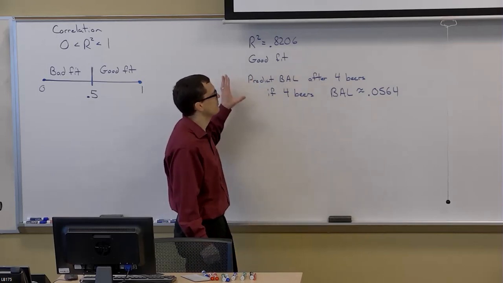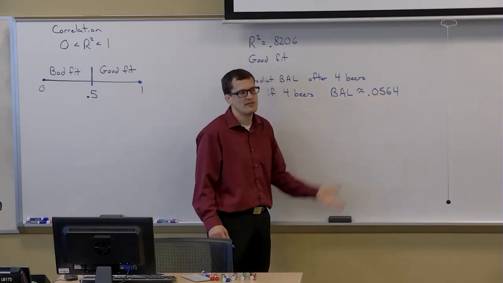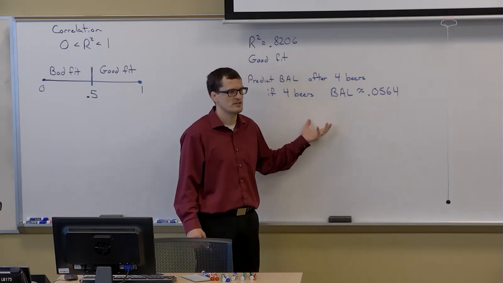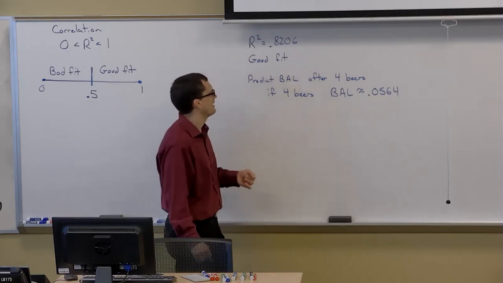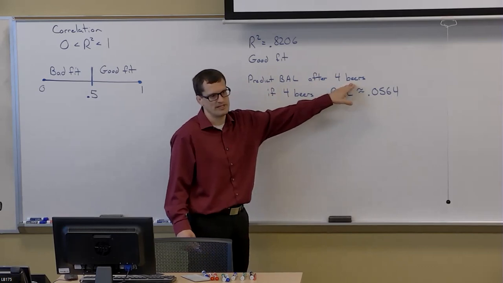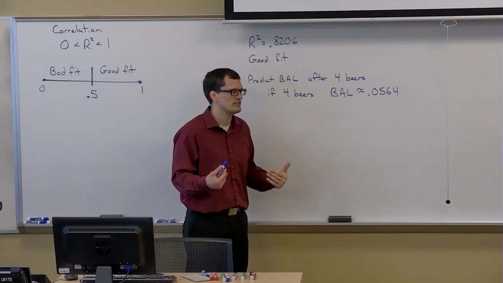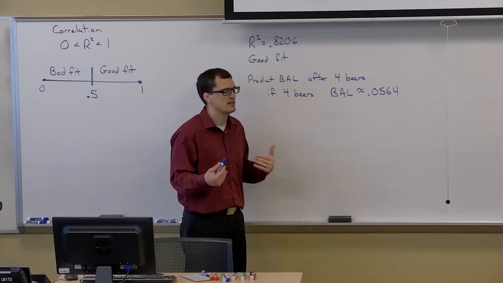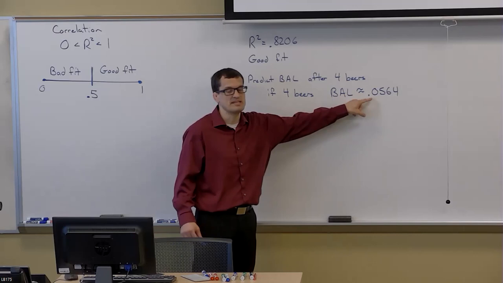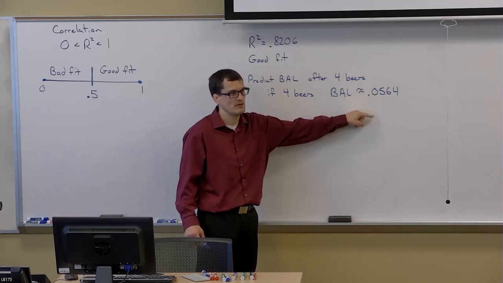So don't say, well, this model says it's going to be 0.0564, therefore I can do this. Hopefully we all know that, whatever the type of beer, the type of alcohol, and the individual person, it might be different from this number. Might be a few decimal points up or a few decimal points below.